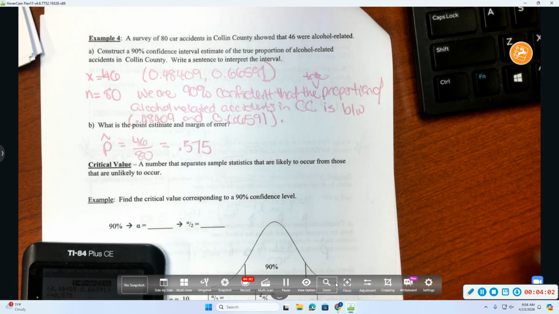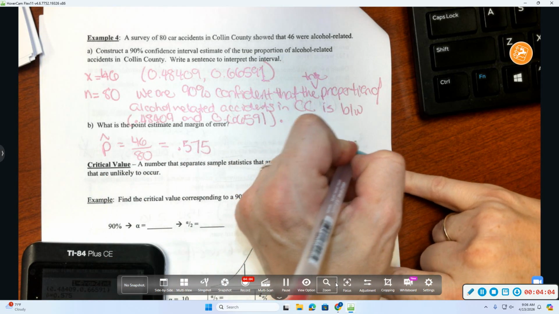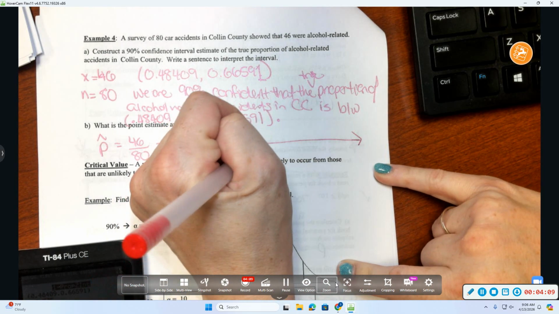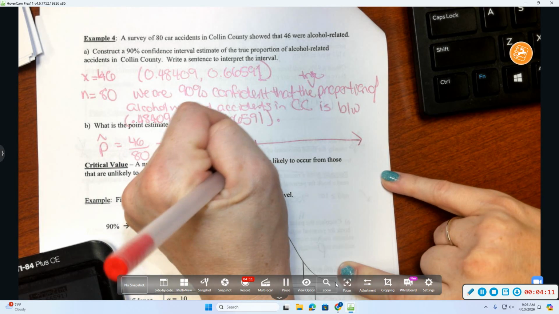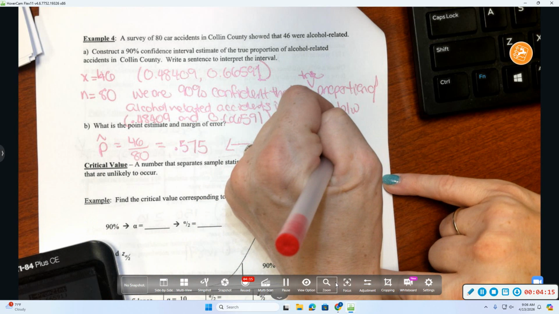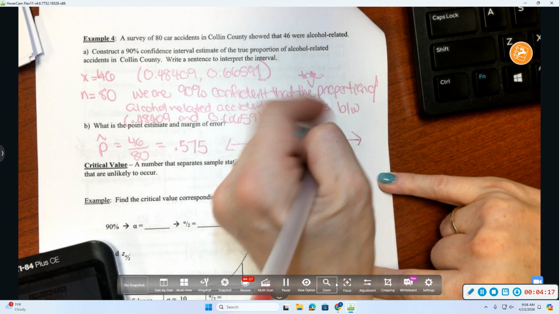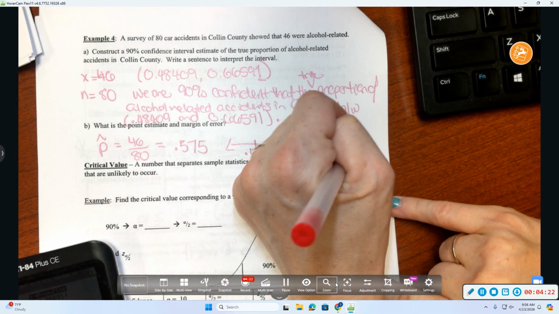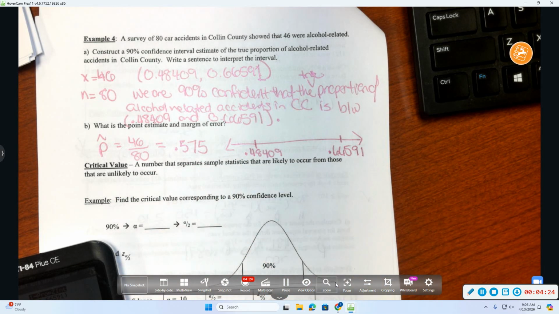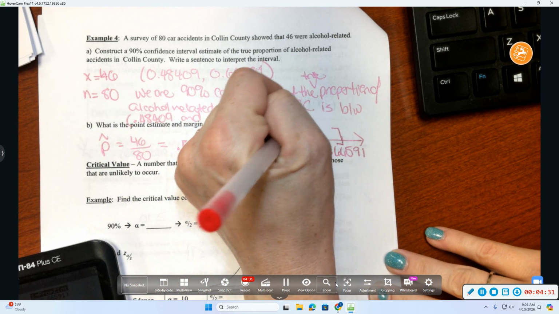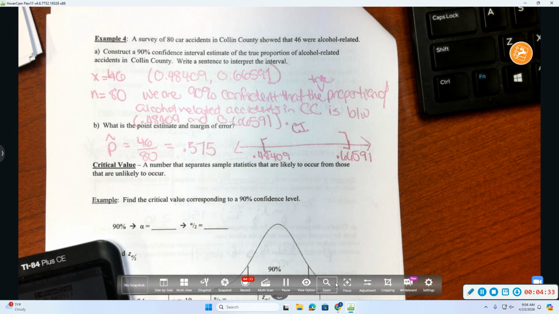If you think about your confidence interval on a number line, we have 0.48409 and 0.66591, and this is our confidence interval, labeled CI.